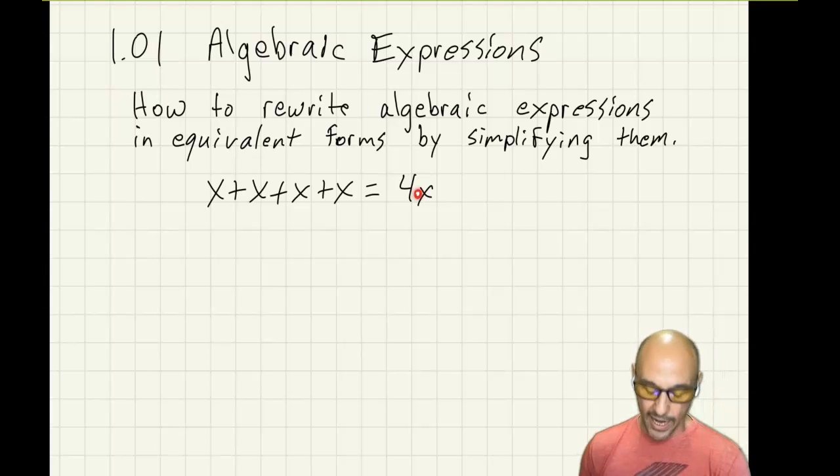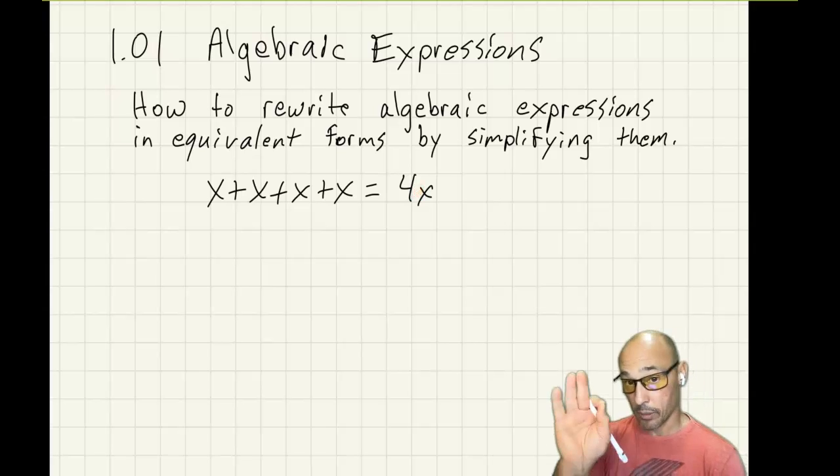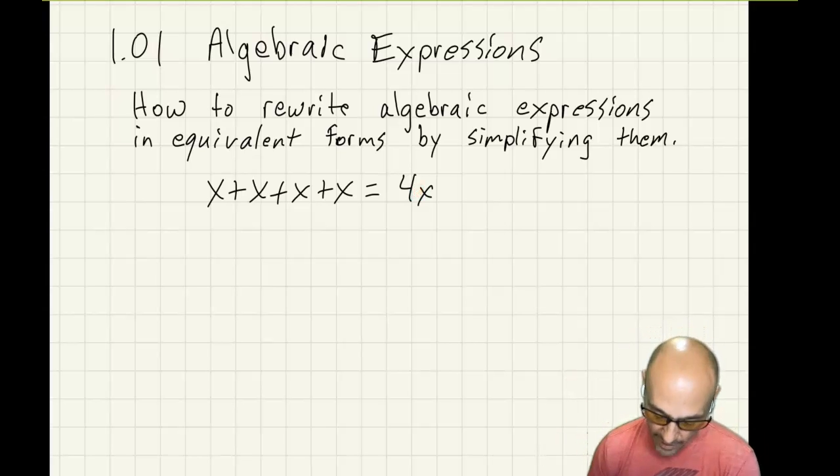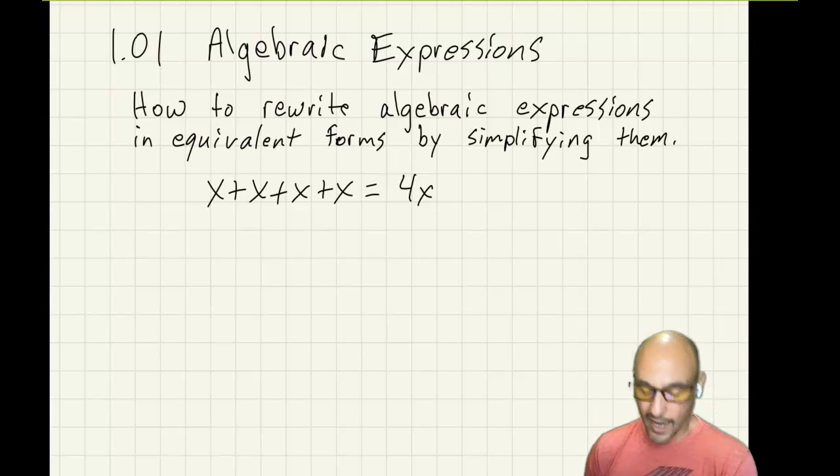Because multiplication actually means repeated addition. So when we write 4 times x, notice there's no multiplication symbol in there. When there's a number, called a coefficient, in front of a variable, a letter that represents some unknown value usually, we're saying multiplication. And multiplication just means repeated addition.